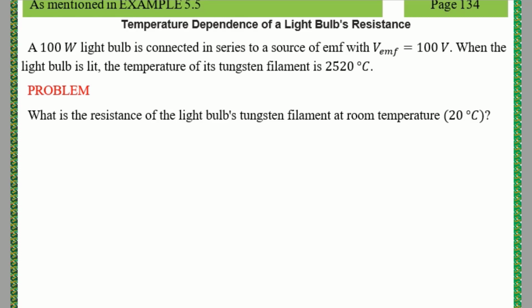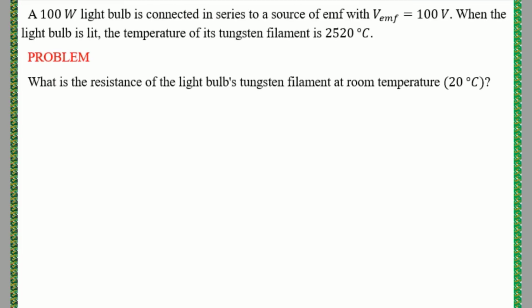A 100 watt light bulb is connected in series to a source of EMF with voltage 100. When the light bulb is lit, the temperature of the tungsten filament is 2520 degrees. What is the resistance of the light bulb?